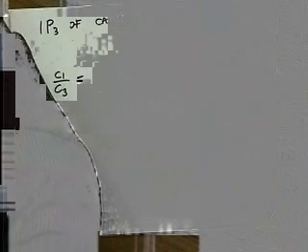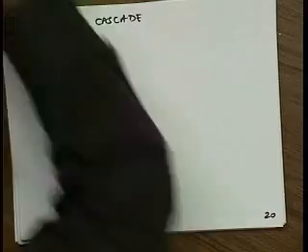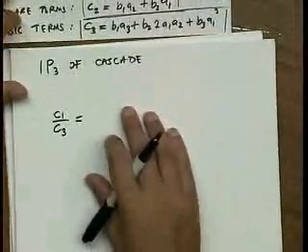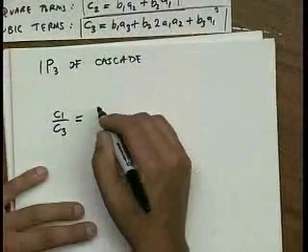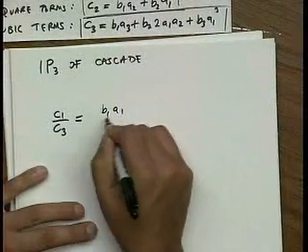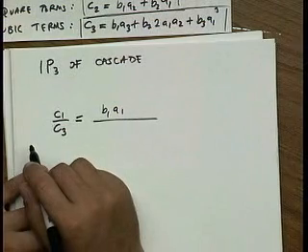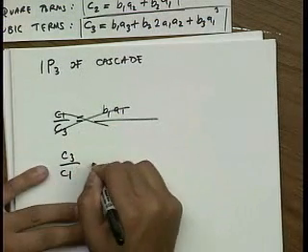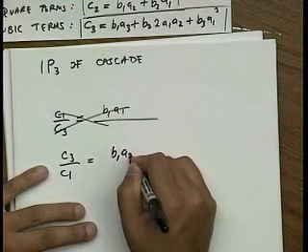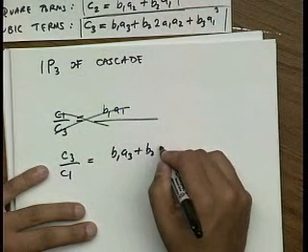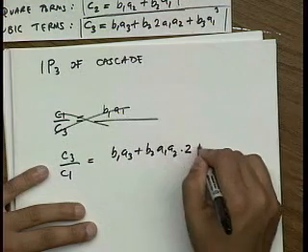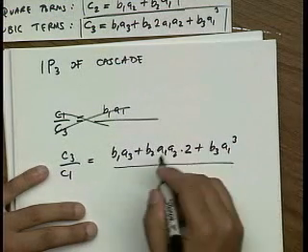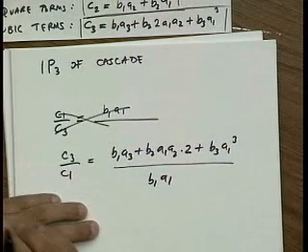Here we go. So here's the cascade formula. So C3 has 3 terms in it. Actually, I like to take C3 over C1. That's going to be B1 A3 plus B2 A1 A2 times 2 plus B3 A1 cubed, divided by B1 A1. Okay?